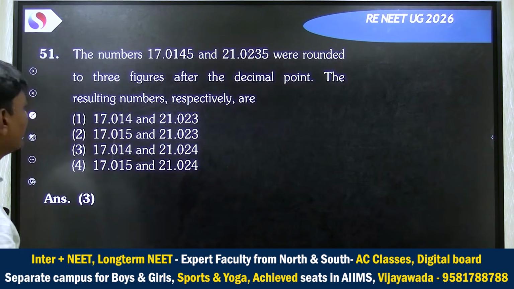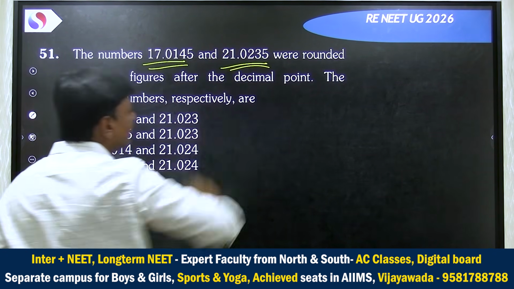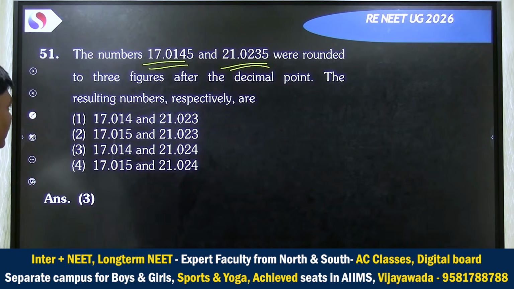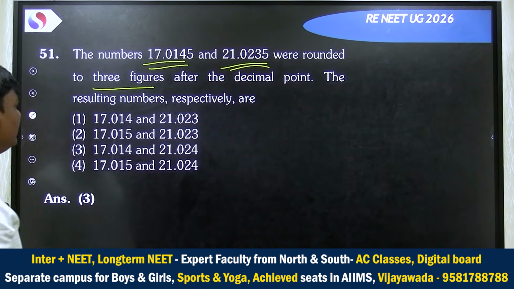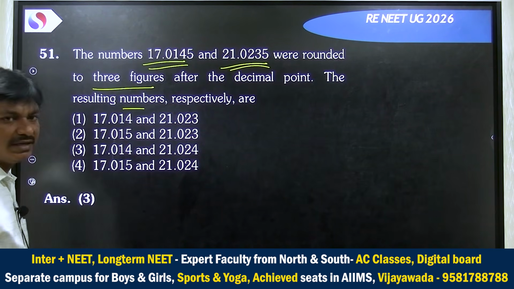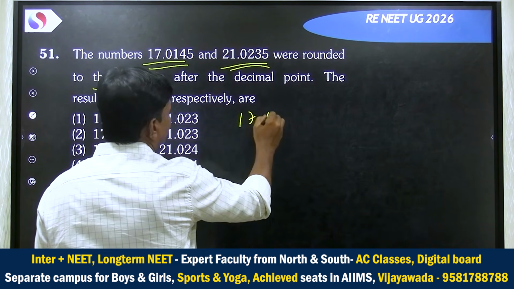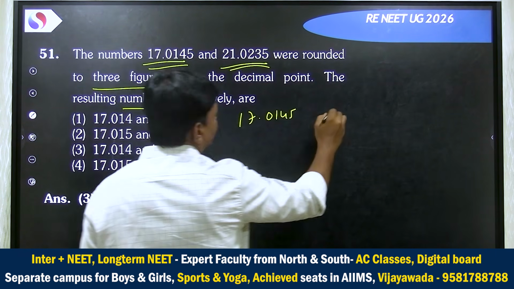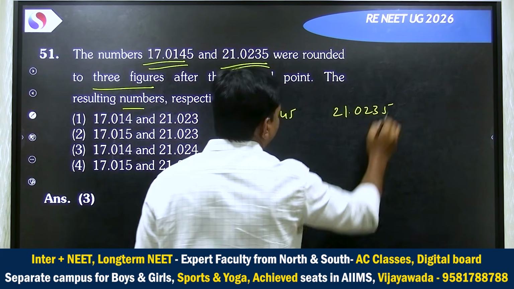Here the numbers 17.0145 and 21.0235 are rounded to 3 figures after the decimal point. The resulting numbers respectively are. So the first number will be 17.0145 and the second number will be 21.0235.